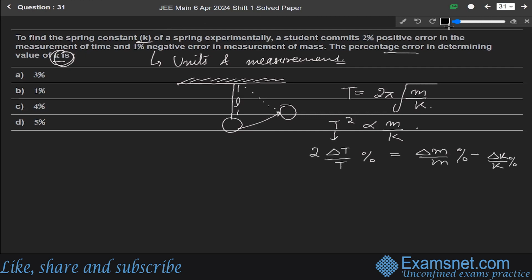Now simplifying it, we get delta K over K percent equals delta M over M percent minus 2 delta T over T percent.